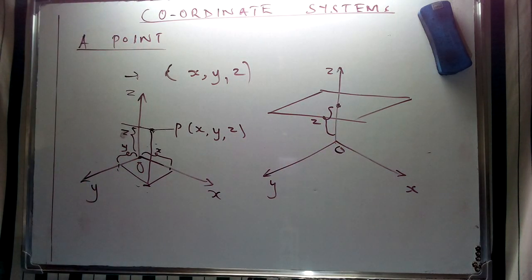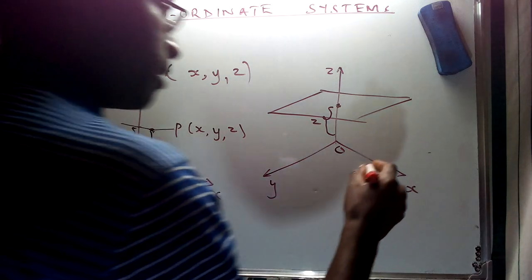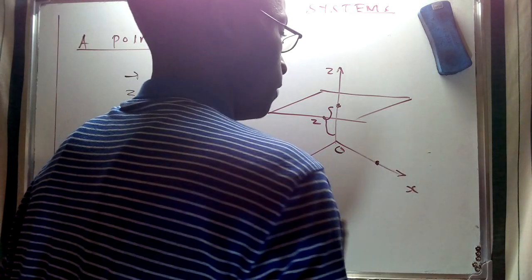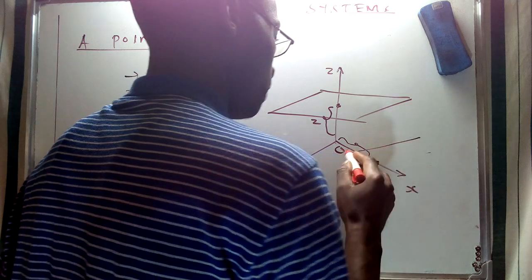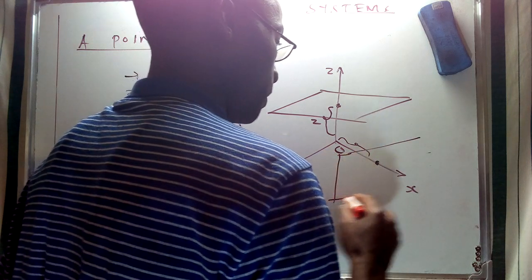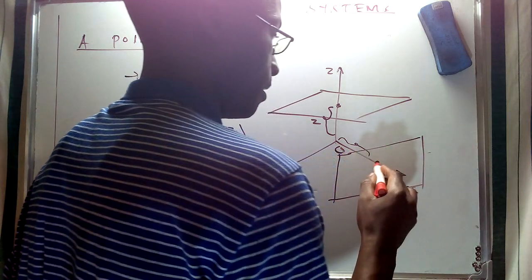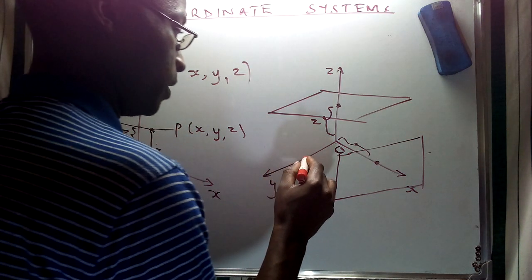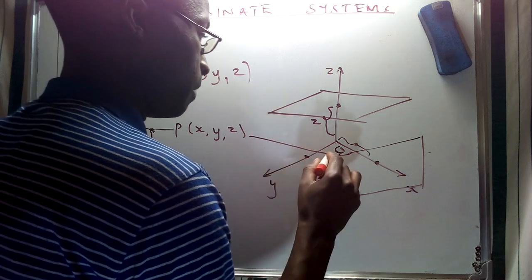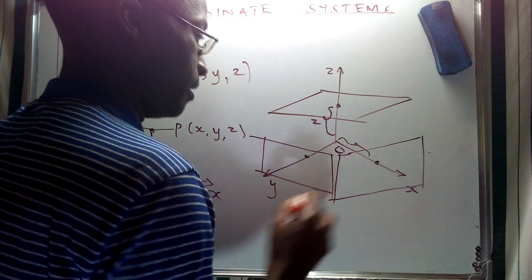Respectively, we can represent another point on the x-axis, perhaps at this specific point, and that is a stretch along the x-axis. And therefore, we can have another plane that represents the stretch along that x-axis at this point. Similarly, we can represent another point on the y-axis, which is going to have a plane on the y-axis indicated as such.